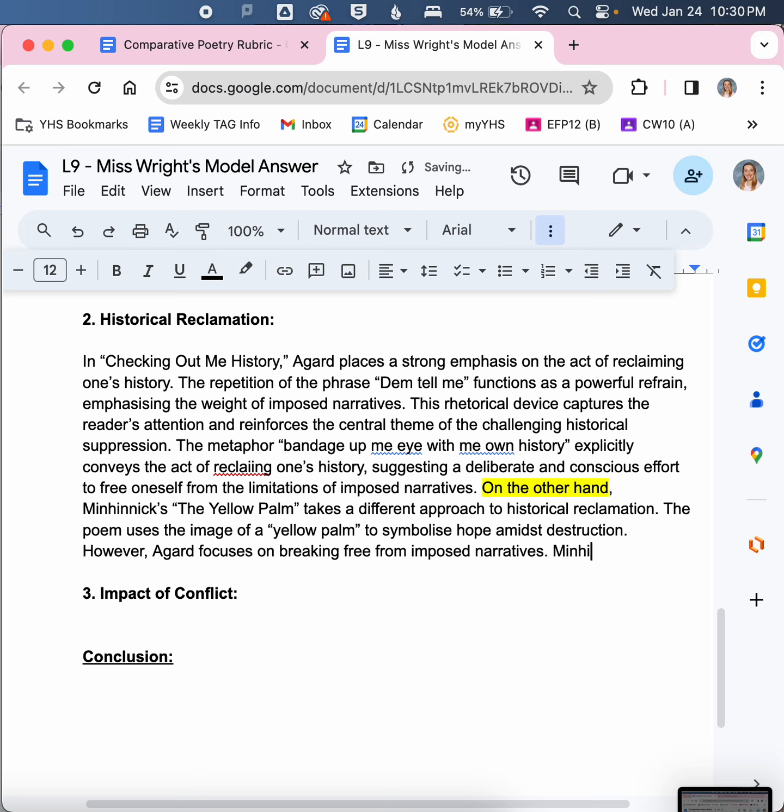Again, you could go into a lot more detail about what I'm talking about right now. Okay, this idea of breaking free, liberation, what that could mean, how that links to the structure of the poem or the form of the poem. Okay, but again, I am very aware of time. I don't want to go over an hour. I don't even know how long I've been typing for anyway.